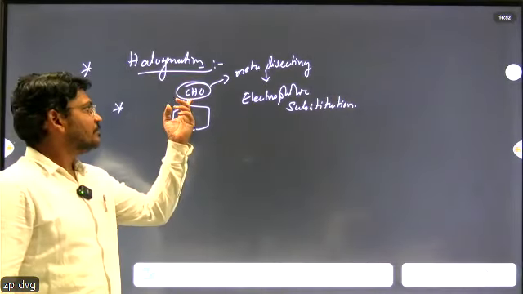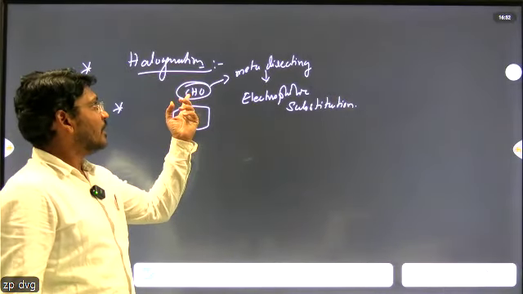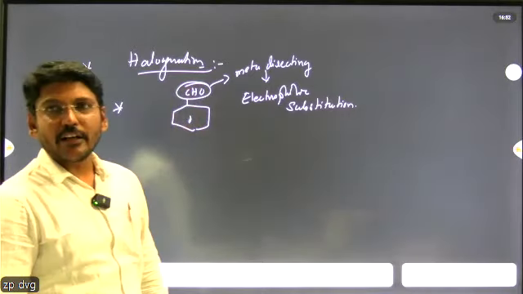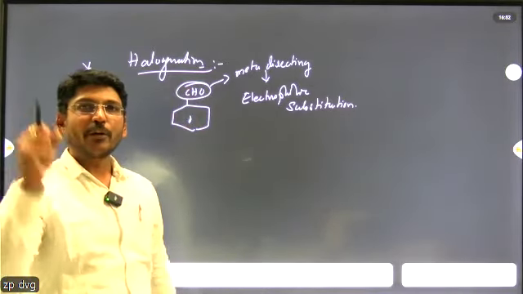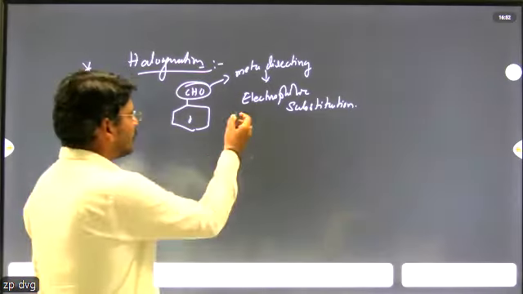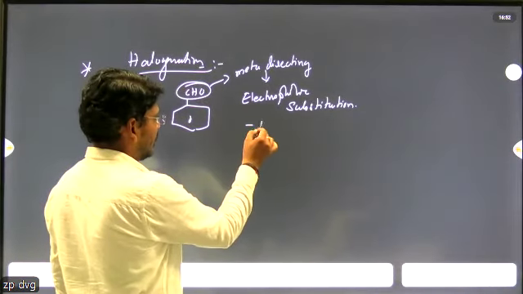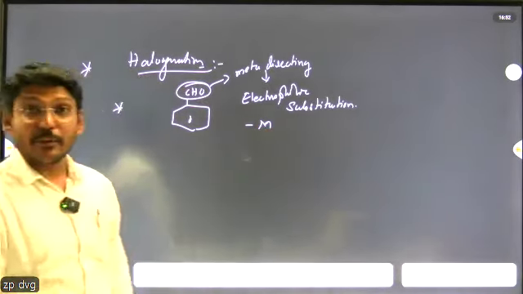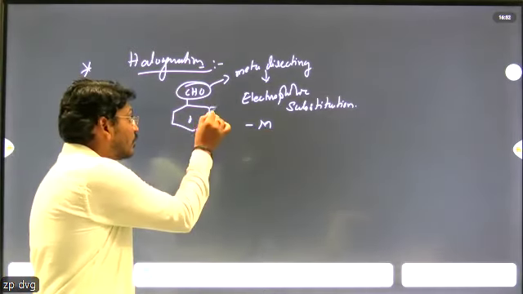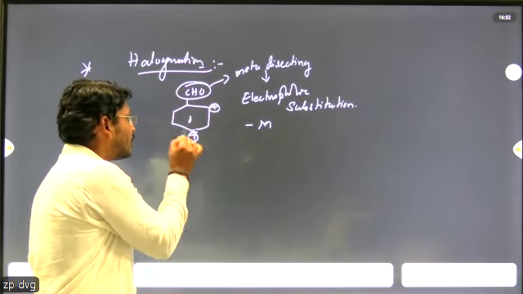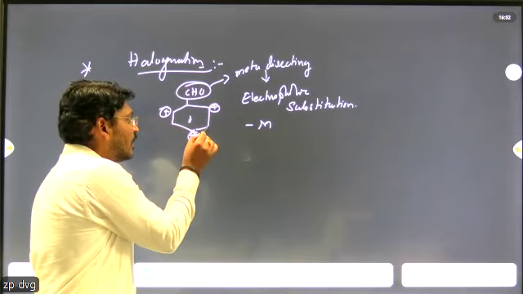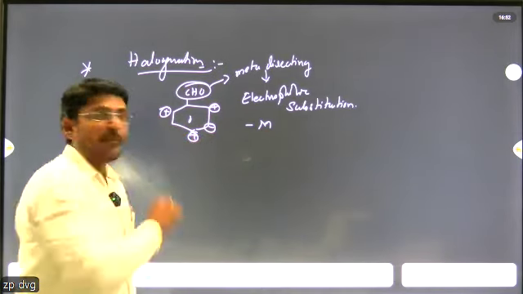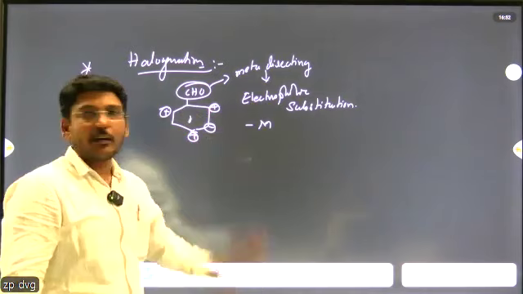Because whatever the CHO group is there in benzaldehyde, the CHO group is an electron withdrawing group. Electron withdrawing group means compulsorily we are able to produce a minus M effect. Due to that minus M effect, they produce an electron deficient center on the ortho as well as the para position. So here the electron rich center will be in the meta position, and the electrophile will directly attack the meta position.